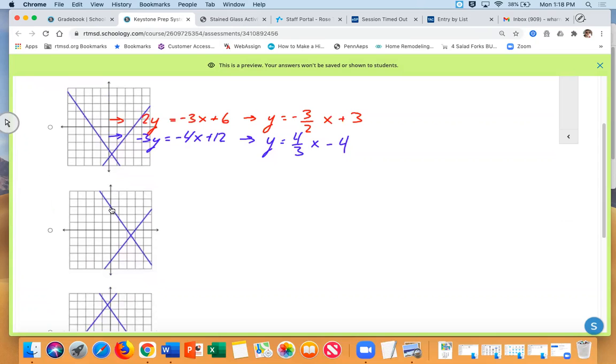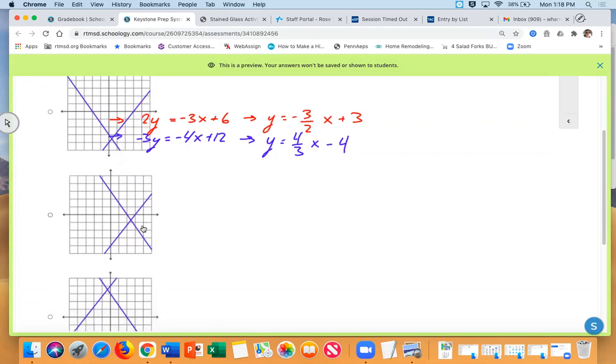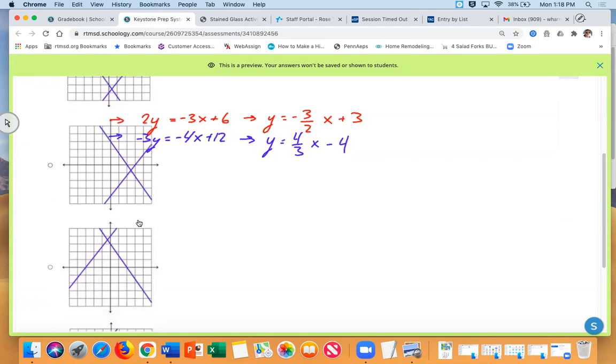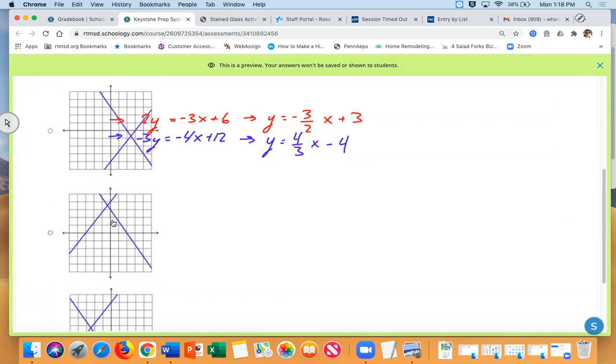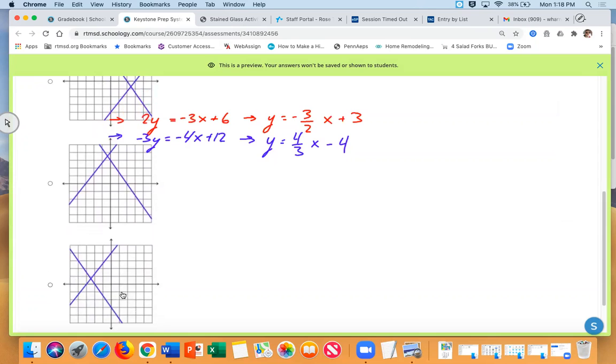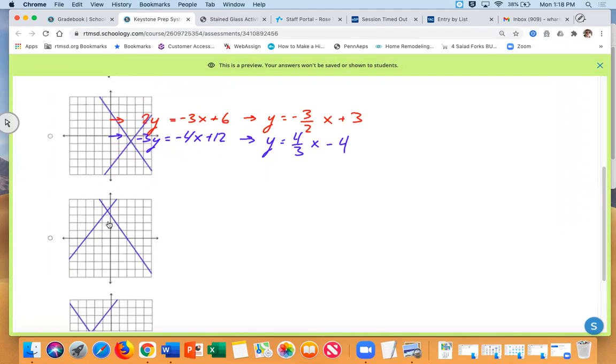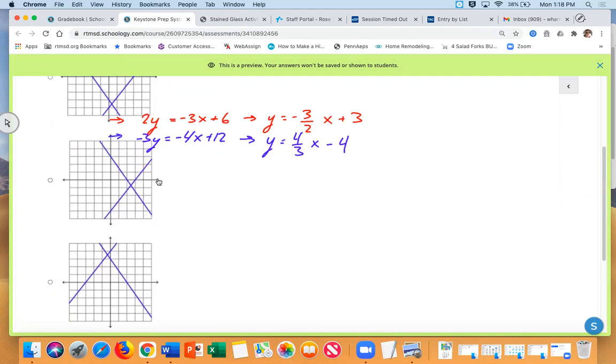This guy, well, that one's 1, 2, 3. Okay, that one's going down. That looks good. This is at -4. This one's going up. I'm kind of feeling like it's that one, but let me look at this. Well, it's definitely not this one because it has 2 positive y-intercepts, and it's definitely not this one because this one, notice it's -4. That line is going down. So yeah, it was definitely B.